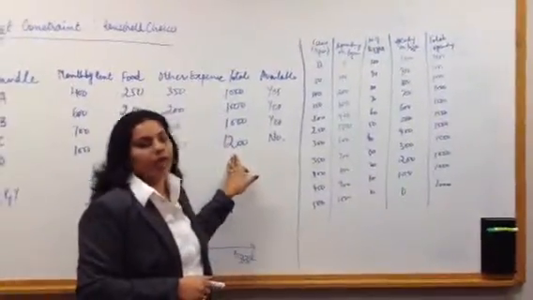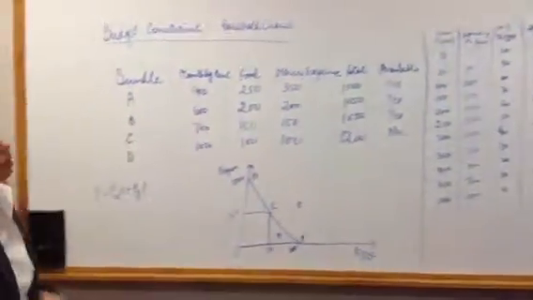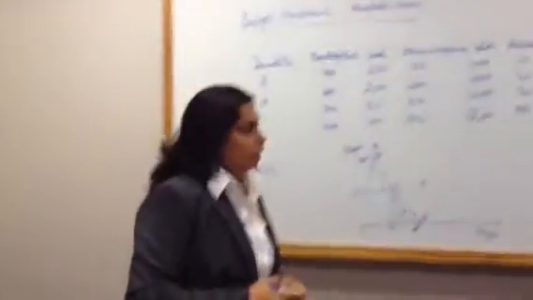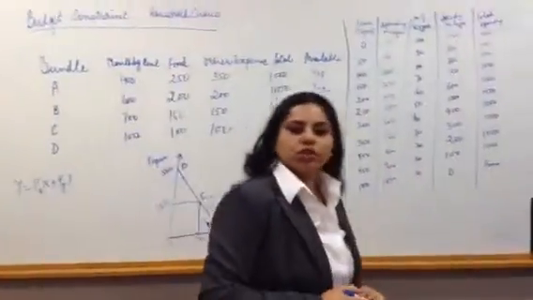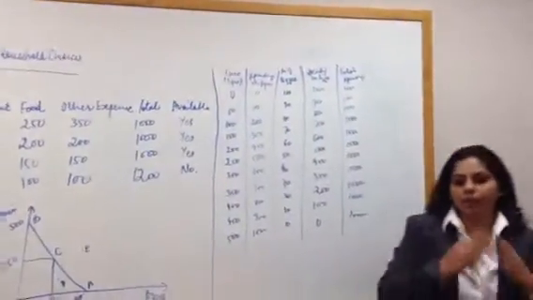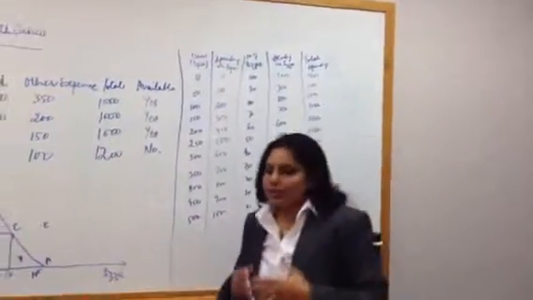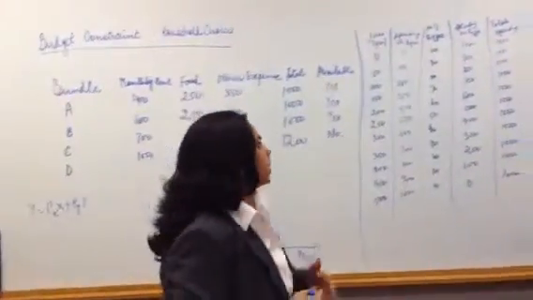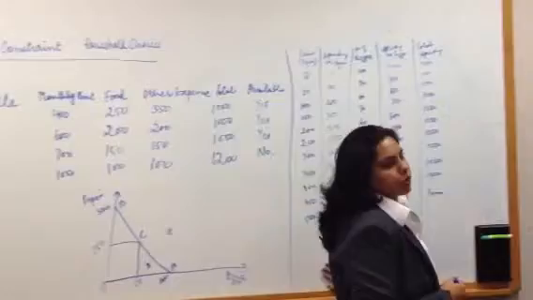is 1000. Now we also take one more example where Anna has a total income of 1000 and she wants to spend on two products, that is Pepsi and pizza. Once she is given the option to choose between these two, she can make different combinations of choices.